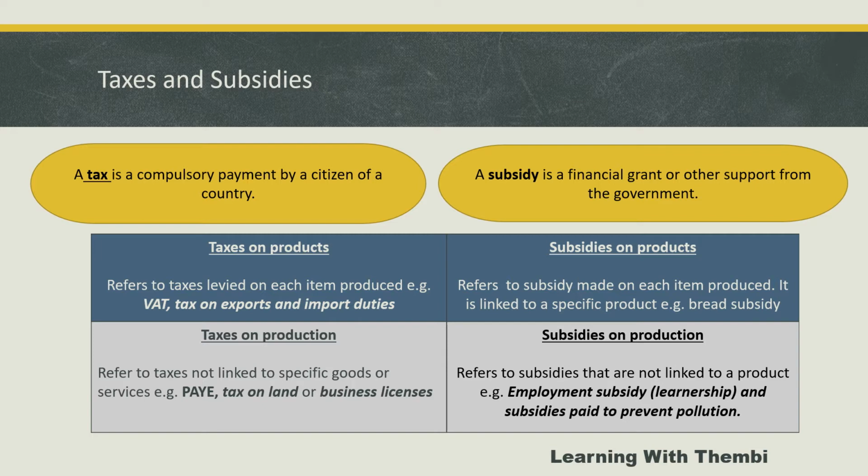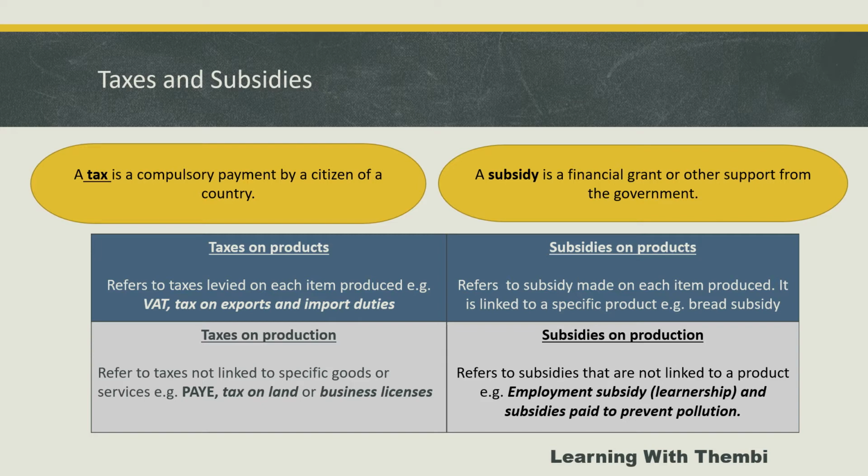Then on the other hand, we've got subsidies on products. And these are subsidies which are made on each item produced. It is linked to a specific product. So there's a direct payment by the government to the producer to decrease the price of such a product. An example of that can be the bread subsidy.